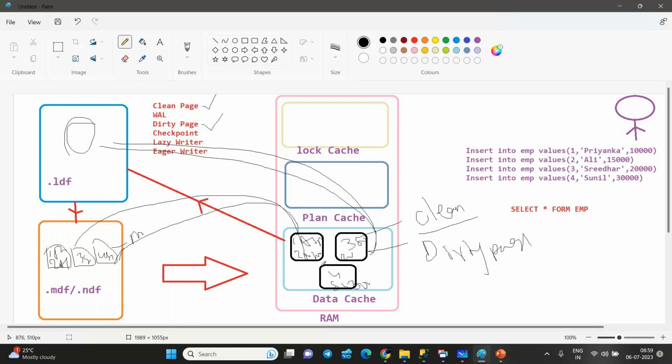It is not truncating, it is not deleting any data. It is just moving the data. Please make a note, don't get confused. Truncate means deleting, and it is not deleting anything. It is just moving the same data to the MDF file along with the same log records to the LDF file whenever checkpoint triggers.